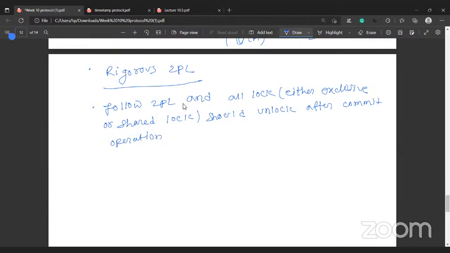So regarding 2PL, it follows 2PL, and all locks means it can be an exclusive lock or a share lock, should be unlocked after the commit operation.